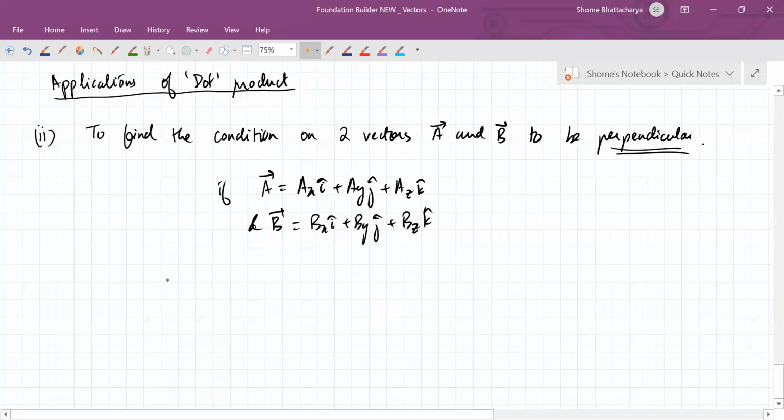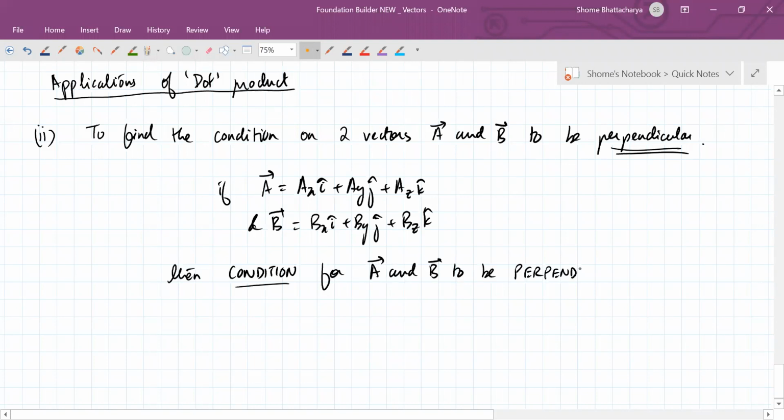Then the mathematical condition for A and B to be perpendicular is that we know A dot B should be 0.